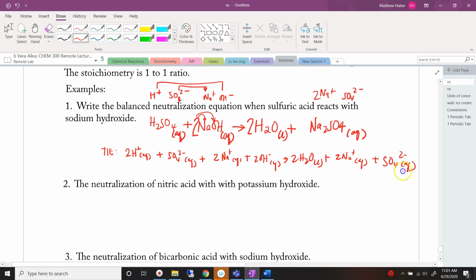Okay, cancel everything that's found on both sides of the equation. And what you are left, that would be your net ionic. Okay, net ionic is 2 hydrogen ions plus 2 hydroxide ions to form 2 water.